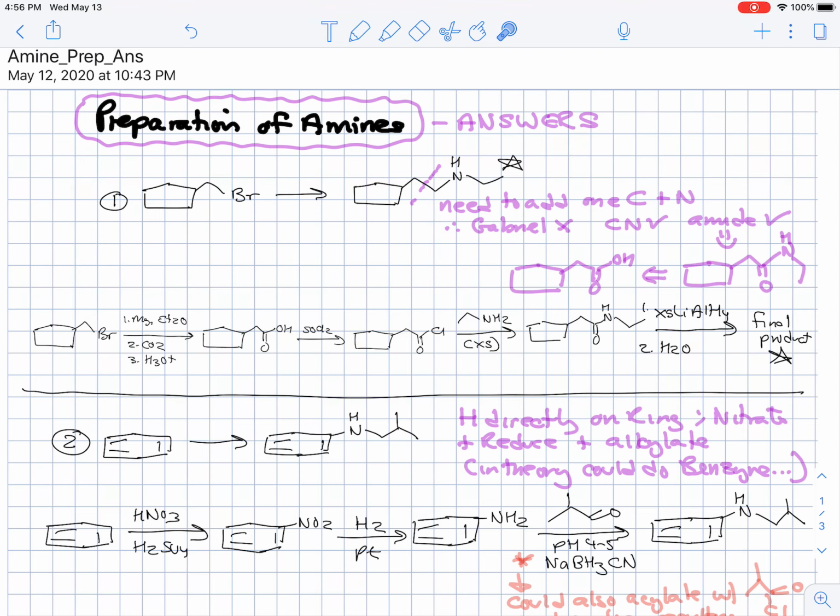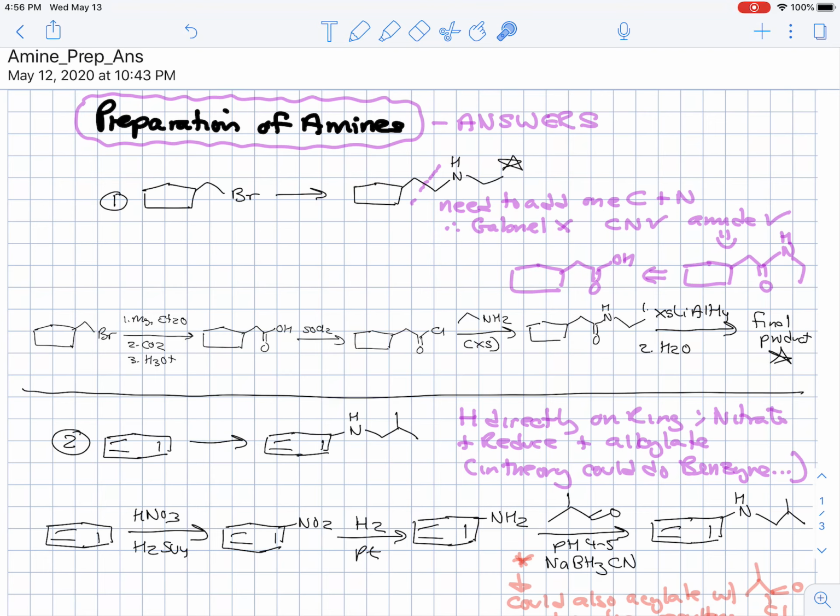It may or may not be the best or the only, well, I know it's not the only way. So I made a note here: Gabriel won't work, nitrile would work, and amide would work. I happen to choose the amide via the carboxylic acid. So we're going to take our alkyl bromide, make a Grignard, carbonate the Grignard, make a carboxylic acid. There's our carbon.